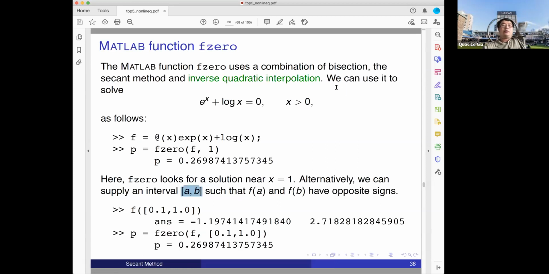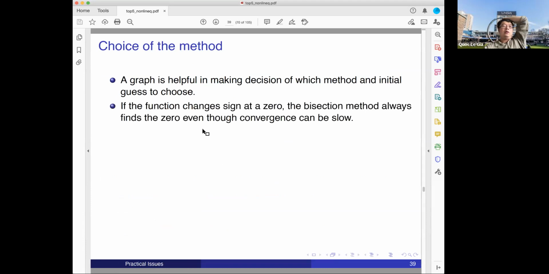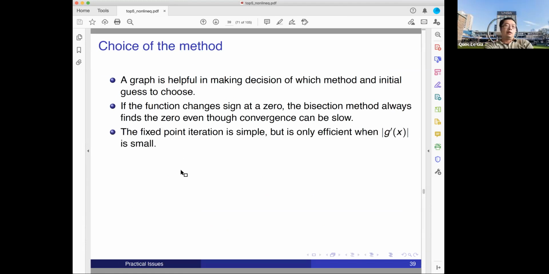So how do we choose the method? We choose the method if we know what the curve looks like. If we see that the function changes sign at a 0, then maybe you use the bisection method first. You find the region that has a 0, and then you can use fixed point iteration, but only when g prime is a very small value. Otherwise it might be very slow.